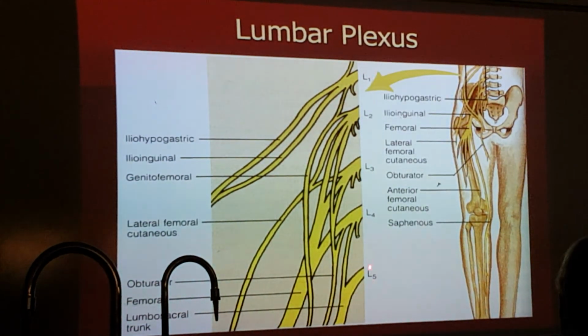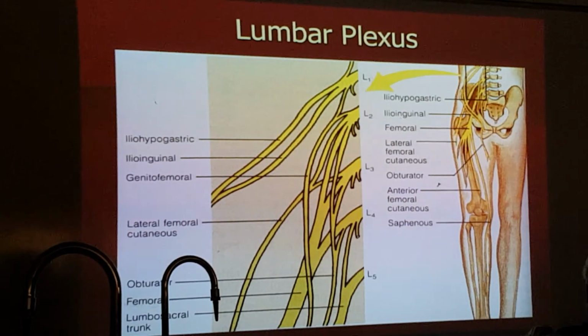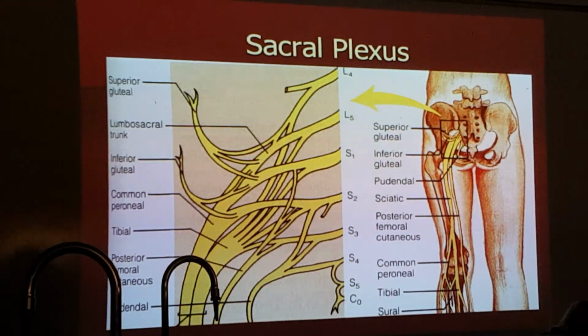So here's L4 and L5. This is a lumbar plexus. Okay. But L4 and L5 take off inferiorly and become part of the sacral plexus, which is there. See L4 and L5? Okay.